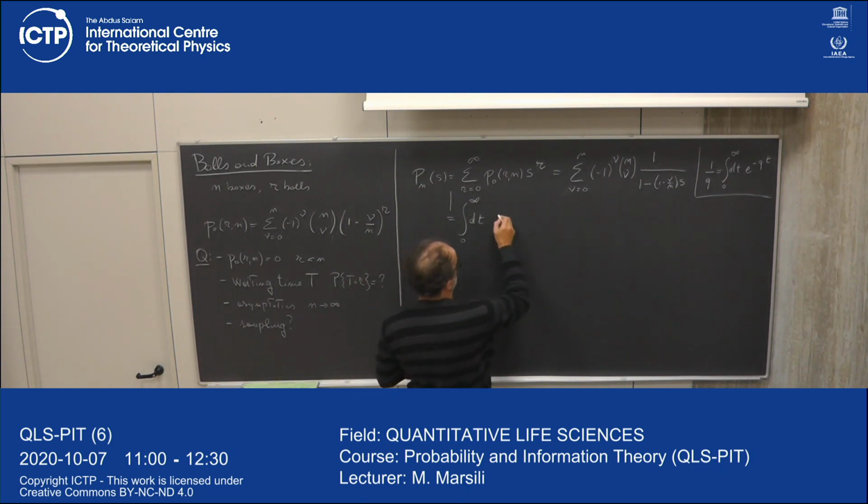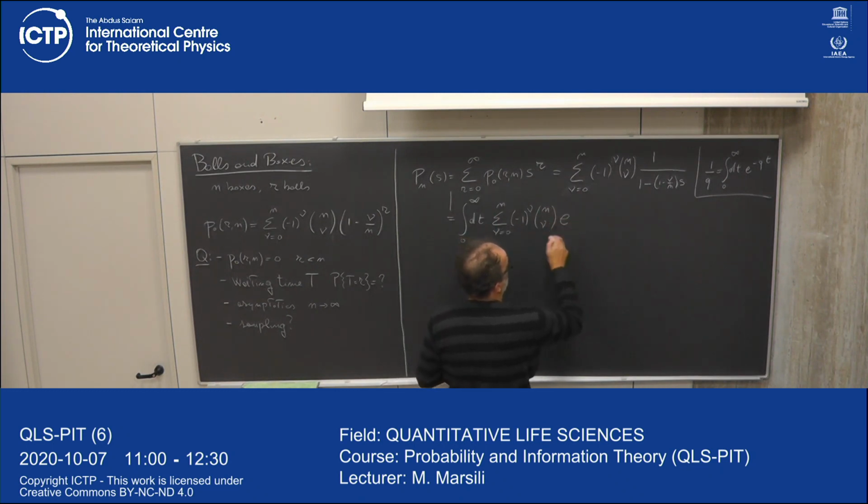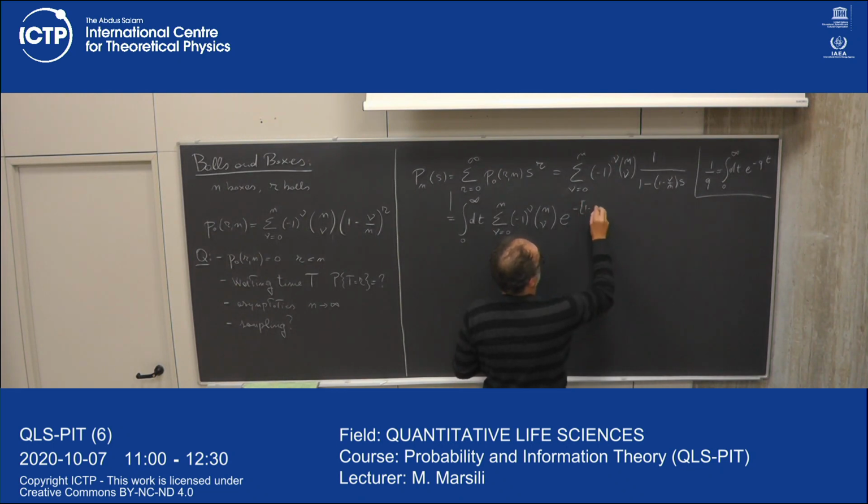Then you're going to have the sum over nu from 0 to n minus 1 to the nu, n choose nu, and then you're going to have e to the minus q, which is 1 minus nu over n to the s, times s, everything times t.